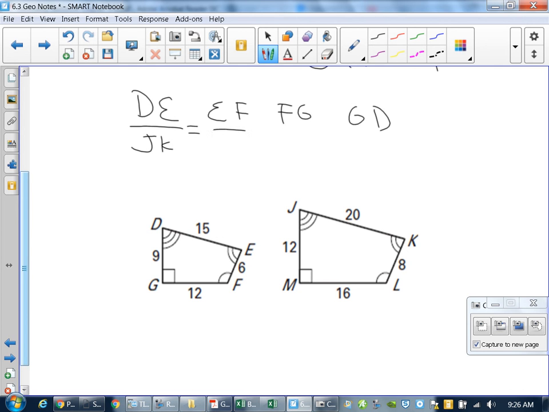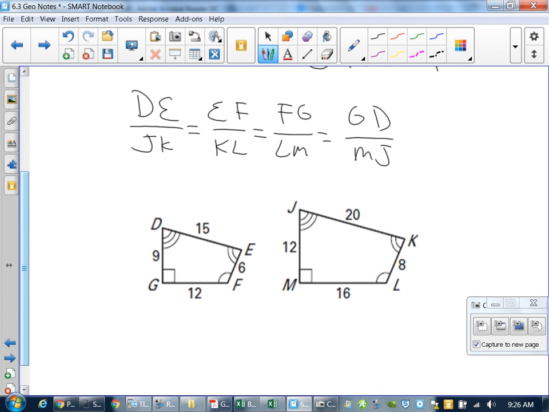That has to equal the next one, has to equal, has to equal, and there you go. That's the proportionality statement, if you want to say it in a fancy way. It's all the side lengths written out as fractions.